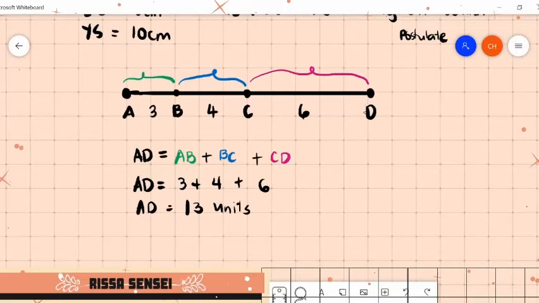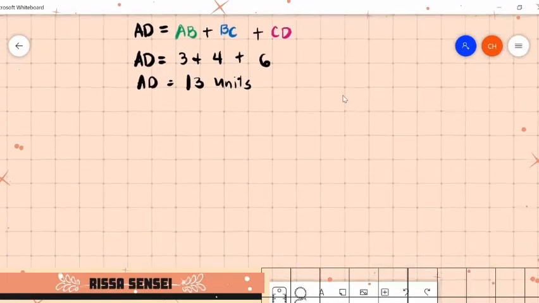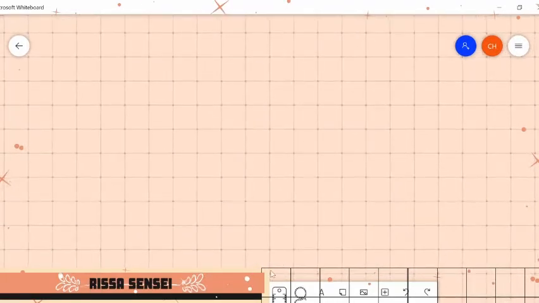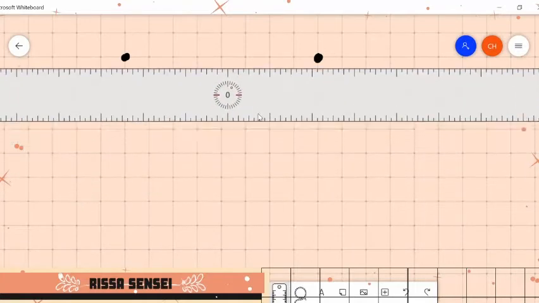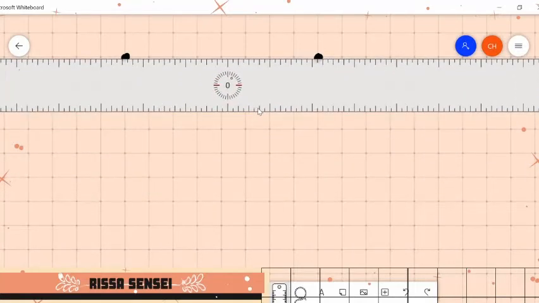Okay. And what if ganito naman? Here's another segment. Ayan. Ruler ulit tayo. Ups, sobra. Kaya kasi mag-ruler. Ayan.